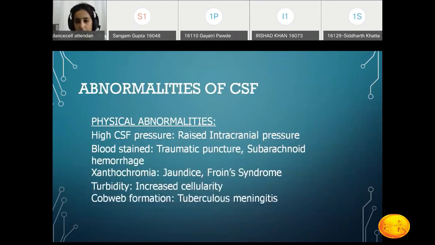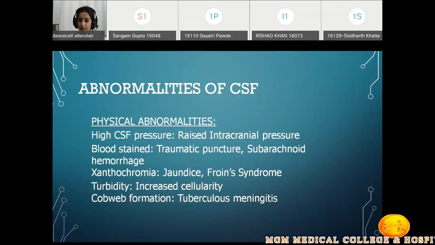Abnormalities of CSF. Physical abnormalities can be high CSF pressure because of raised intracranial tension, like in infections, in intracranial lesions, in normal pressure hydrocephalus, and in non-communicating hydrocephalus.